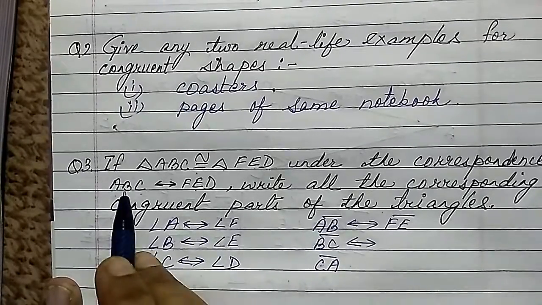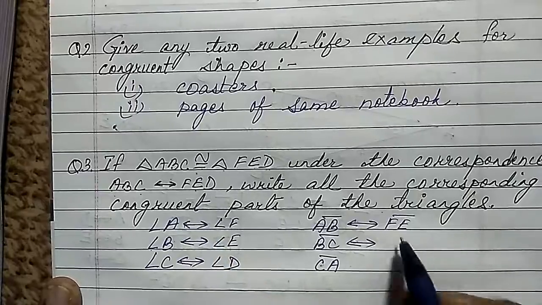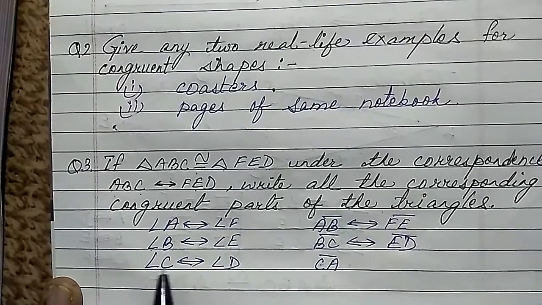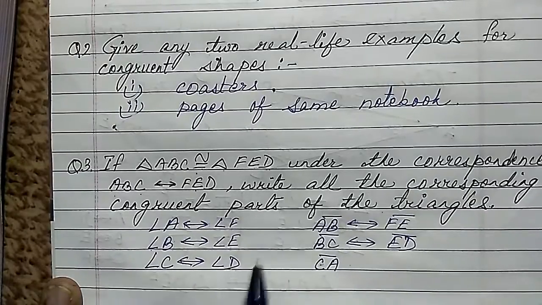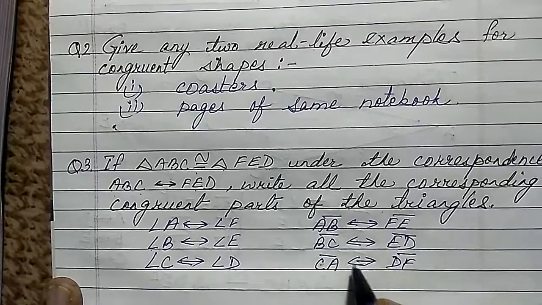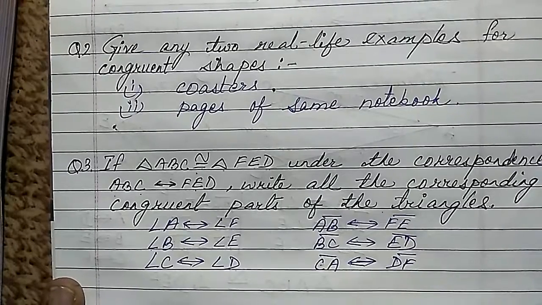BC corresponds to ED. CA corresponds to DF. So these are the corresponding congruent parts of the triangle.